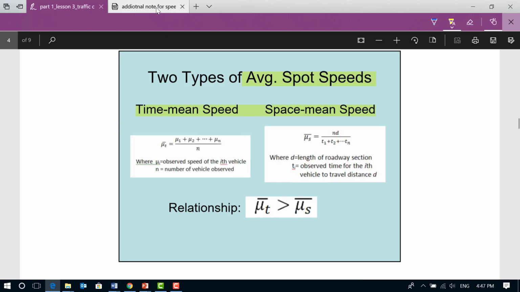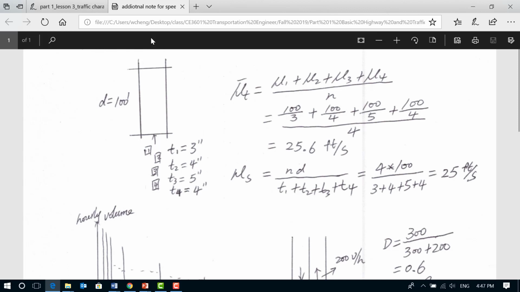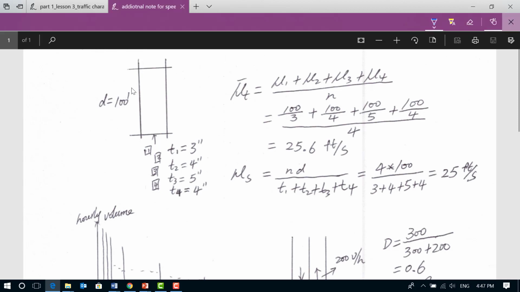Let's see an example. If in the class folder you open the additional notes for speed, volume, and density, you will be able to find this drawing right here. Let's assume we have a 100 feet distance, relatively short, because we are talking about the spot speed.